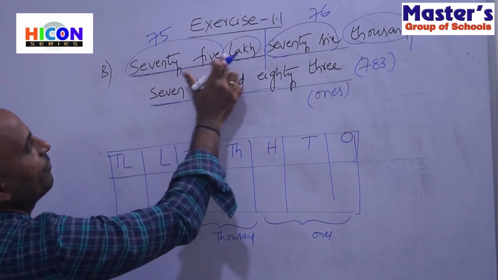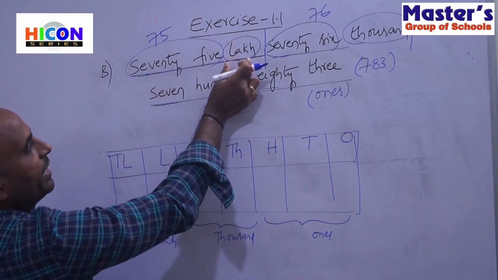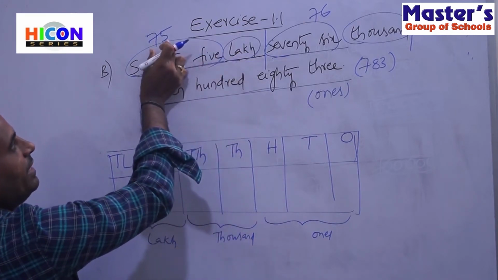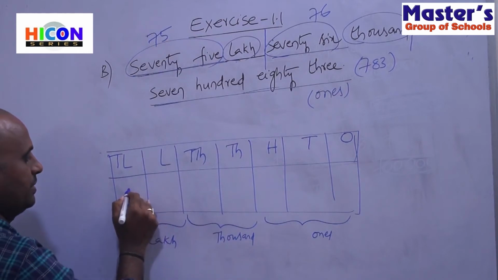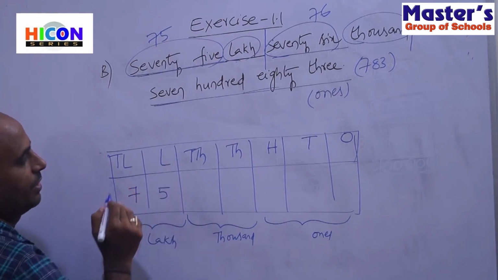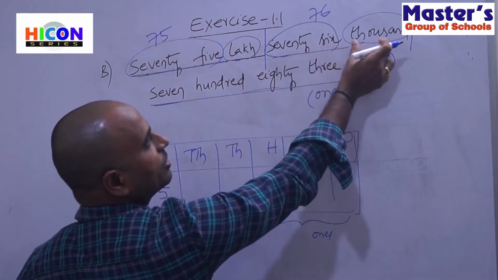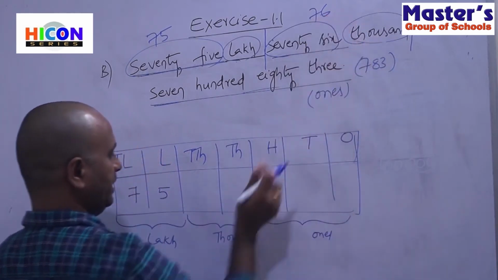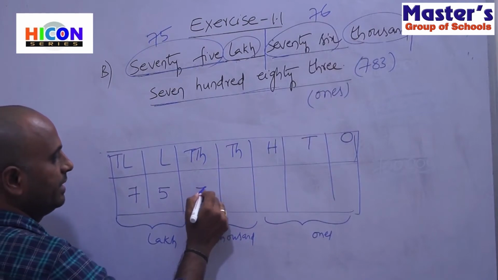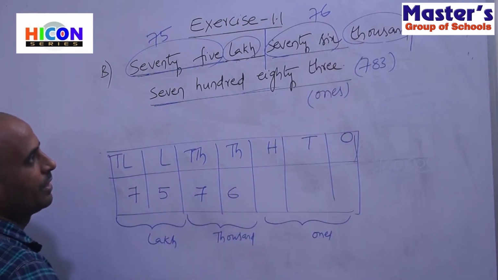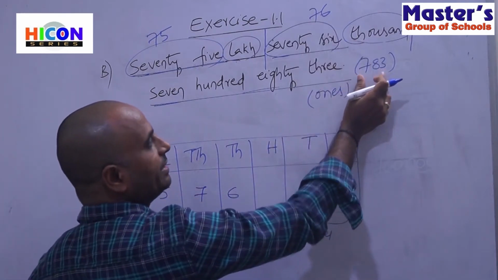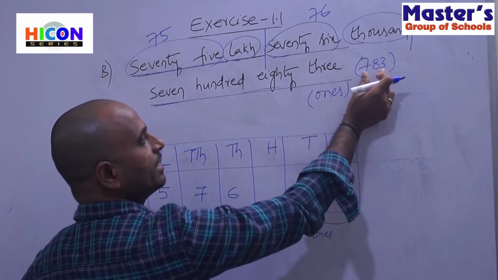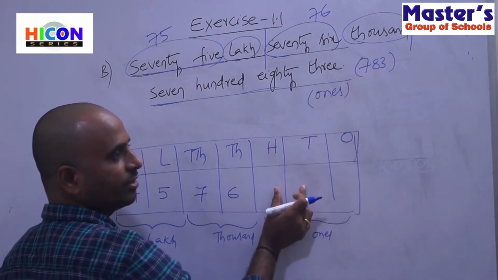75 lakhs is lakhs period, so insert 75 into lakhs. Next 76,000 is thousands period, so insert 76 into thousands period. Next 783 is ones period, so insert 783 in the ones period.